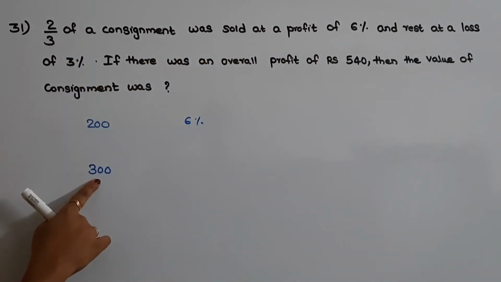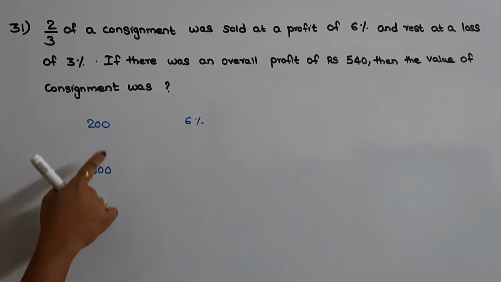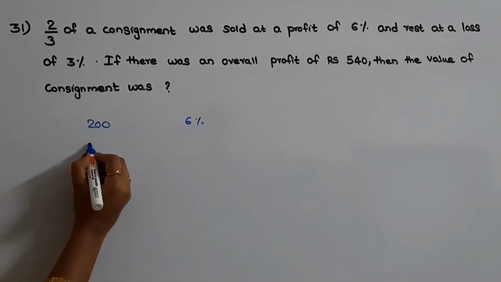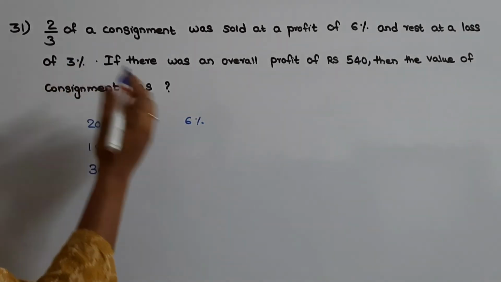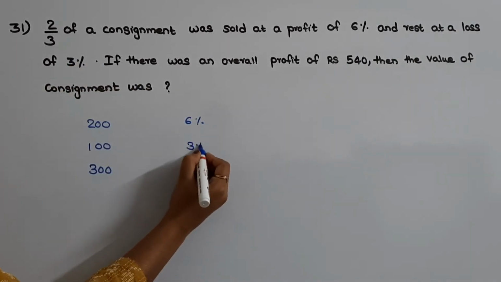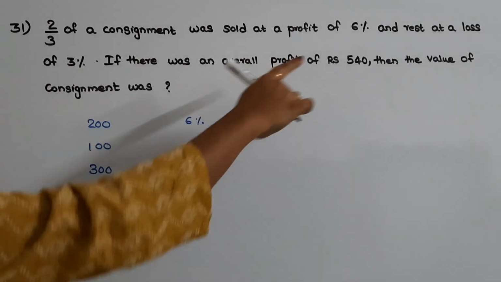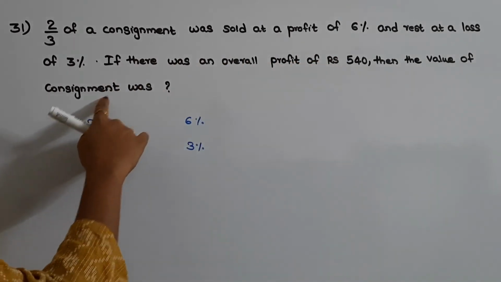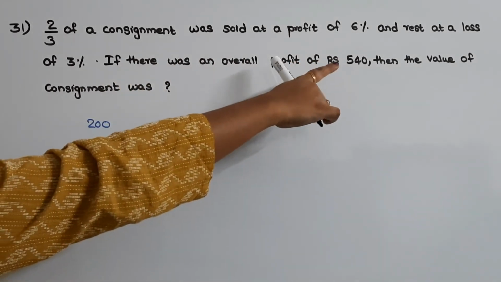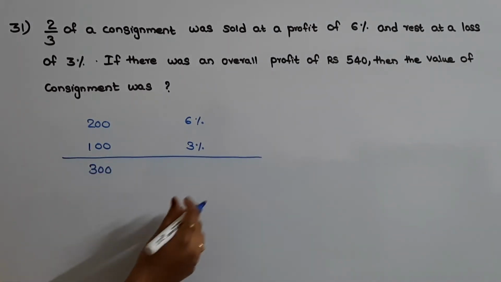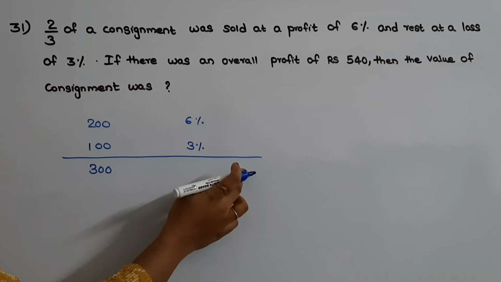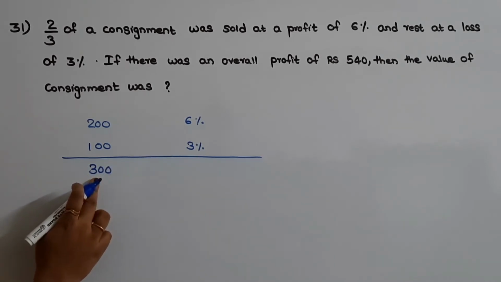If total is 300, what will be the remaining? That will be 300 minus 200, that is 100. Okay, so this was sold at a loss of 3%. Okay, so we need to find out the value of the consignment where the overall profit is given as rupees 540. So let us find out first what is the overall profit when the consignment value is 300.